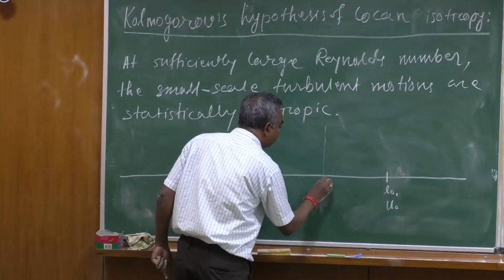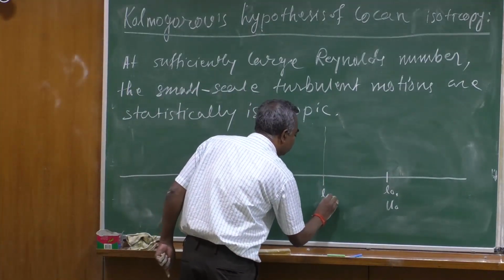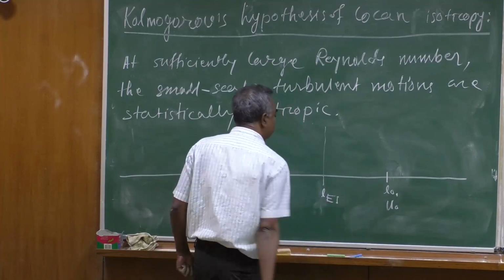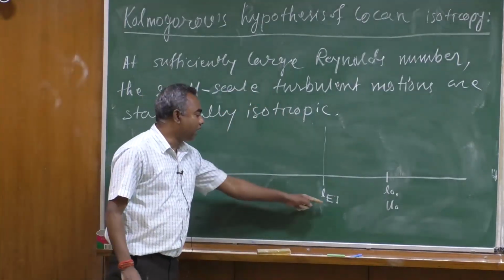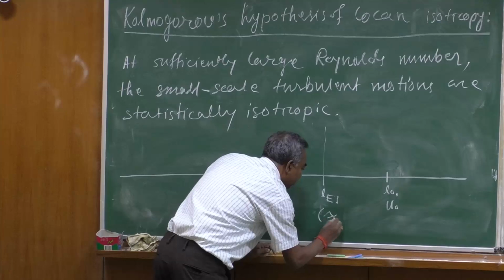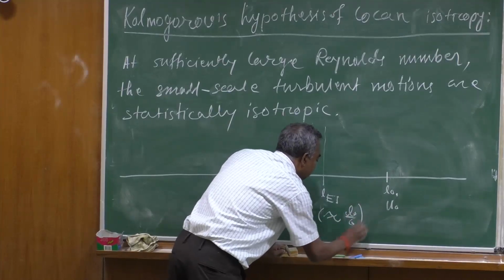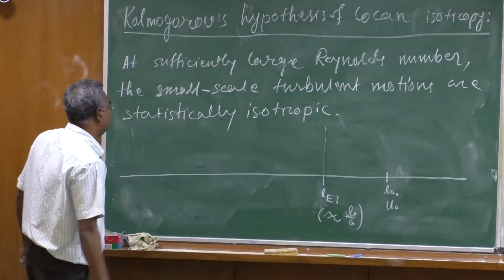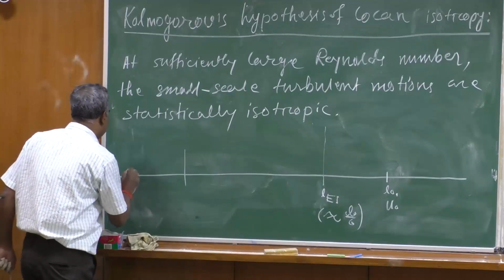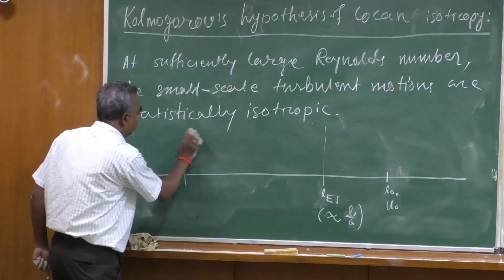Let us say this is the demarcation length, L EI, which may be considered approximately L naught divided by 6. Let me just complete it, after that I will discuss.